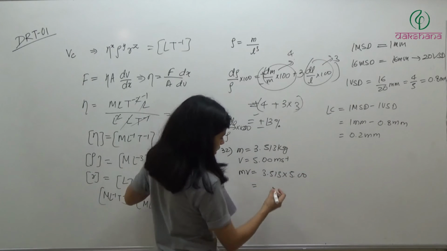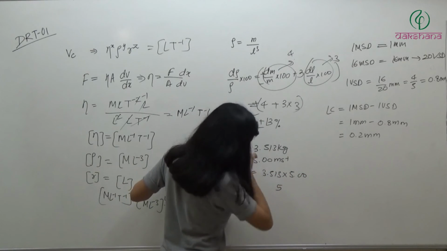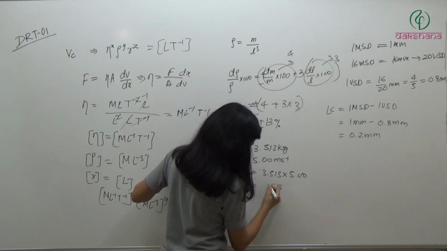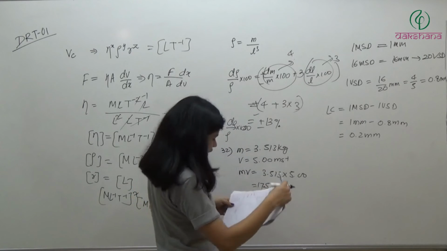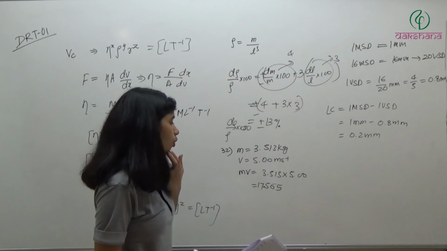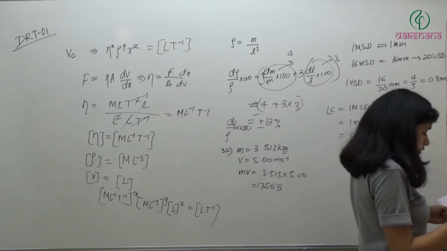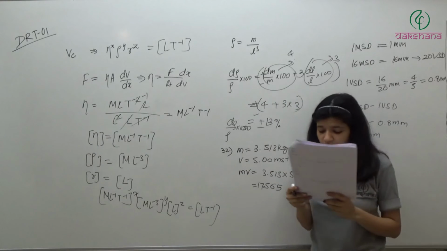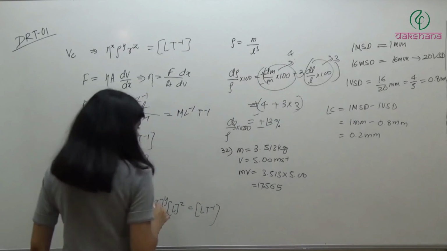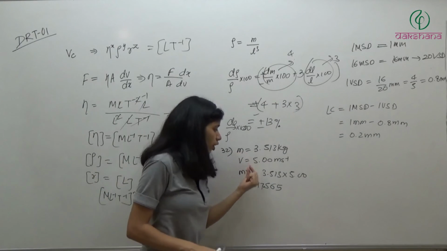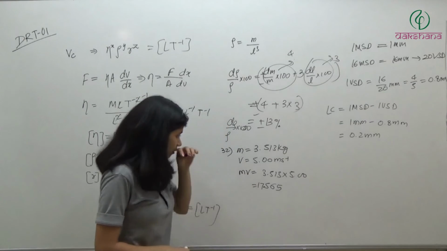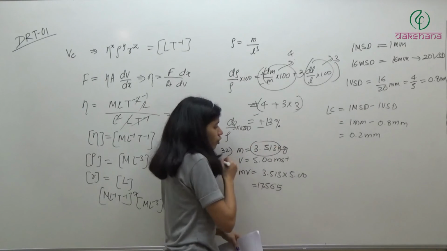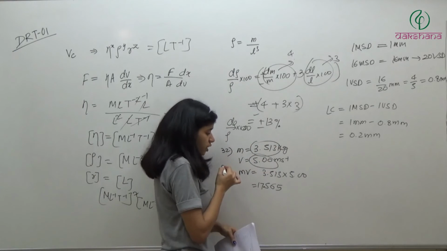So from here we get 17.565. Now when we talk about significant figures and when we are taking the product, we will see the quantity which has the least significant figures. So here we have 4 significant figures, here we have 3.